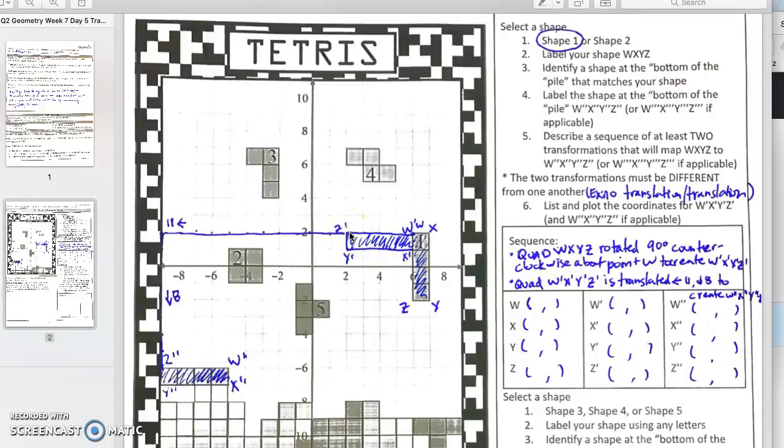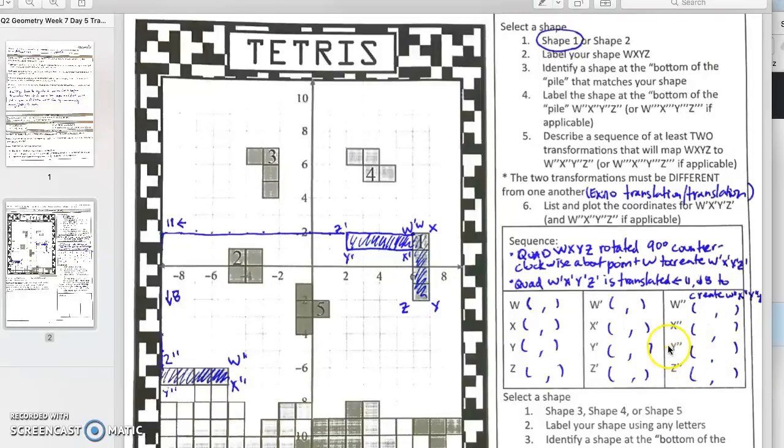And then I translated that figure, W prime, X prime, Y prime, Z prime, to the left by 11 units and down by 8 units to create W double prime, X double prime, Y double prime, Z double prime. And right here, I'd be listing all of the different coordinates. So this is an example of how you perform this activity.